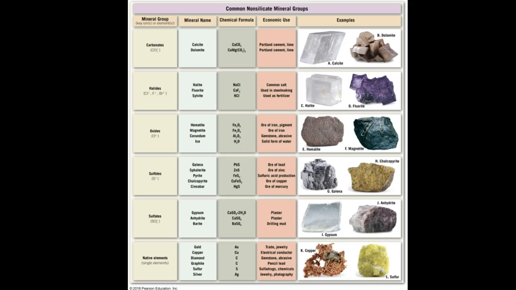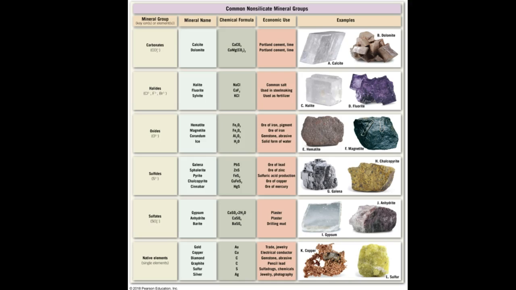Okay, so although non-silicate minerals only make up 8% of the crust, many of them, such as gypsum, calcite, and halite, occur as constituents of sedimentary rocks. And many other non-silicates are also economically important.